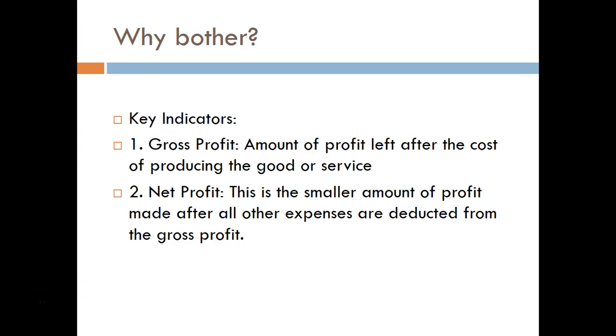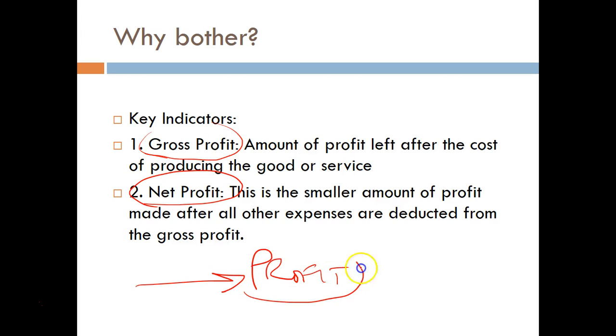We will look in the very next video at the meaning of these words, of what gross profit is and what net profit is. But the key point is that keeping financial records helps us to determine what the profit of the business is. And if we know what the profit is, we know if it's worthwhile embarking on the actual business itself.